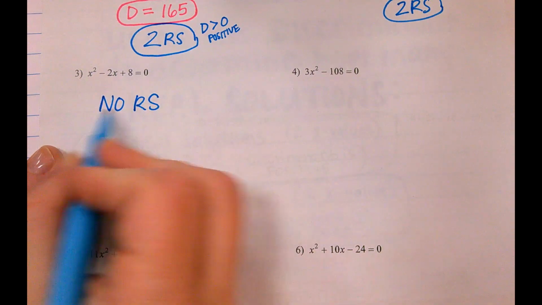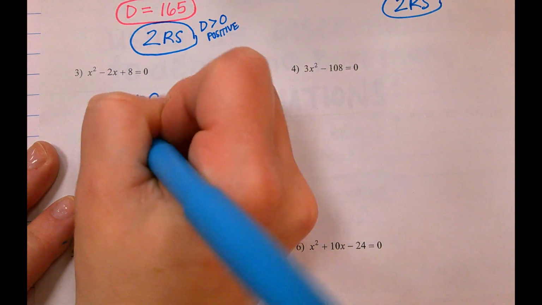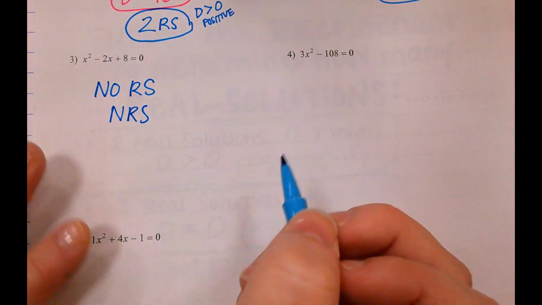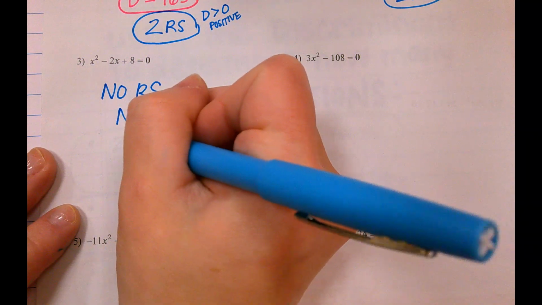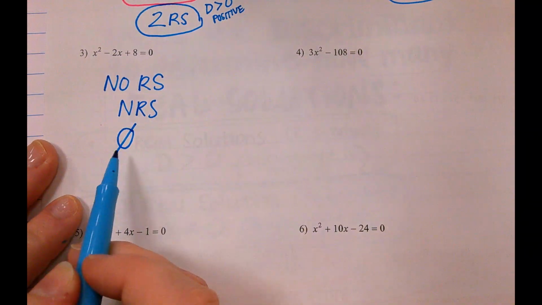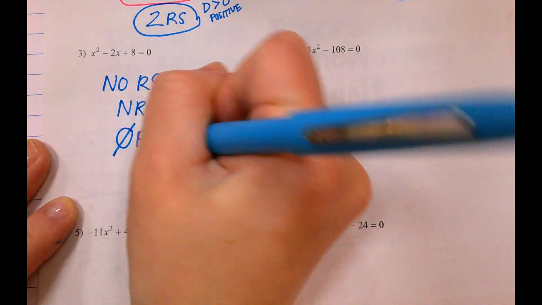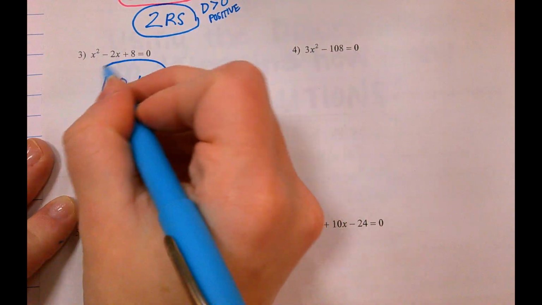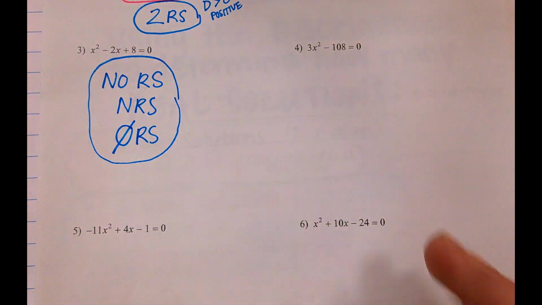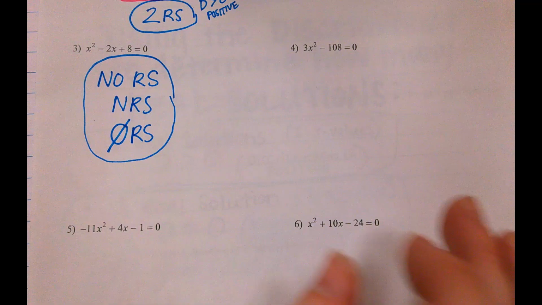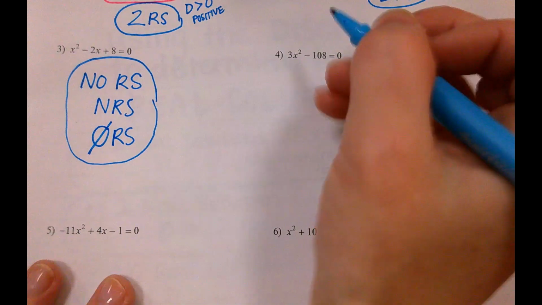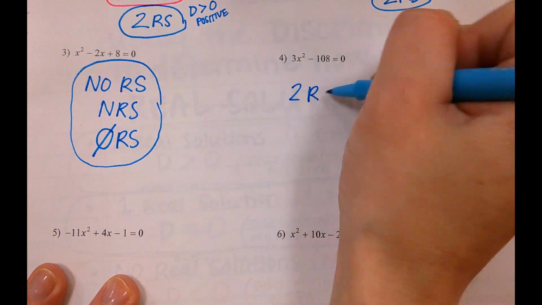You could write NRS or 0RS. Any of these would work as an answer for number 3. Number 4, you should have 2 real solutions.